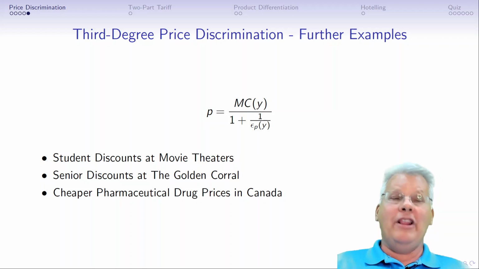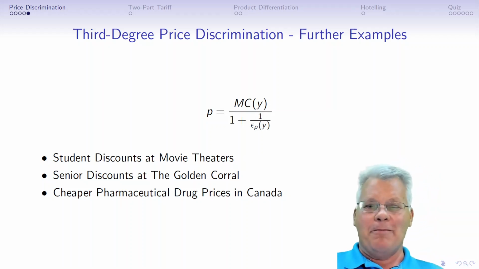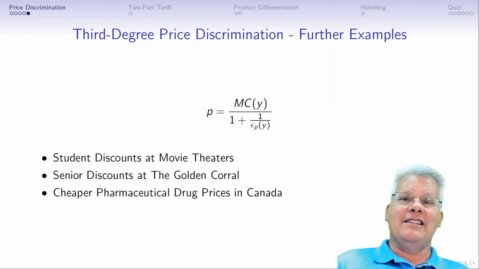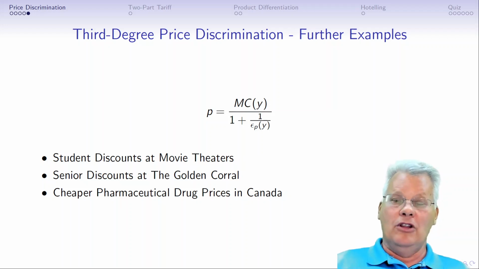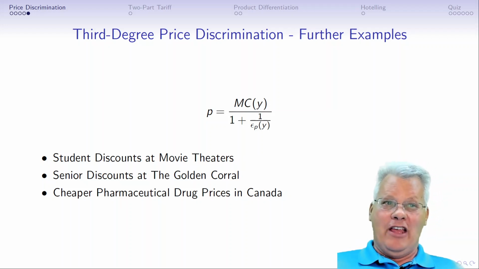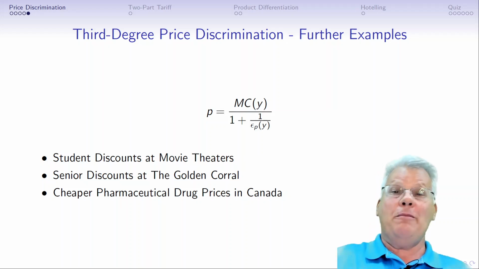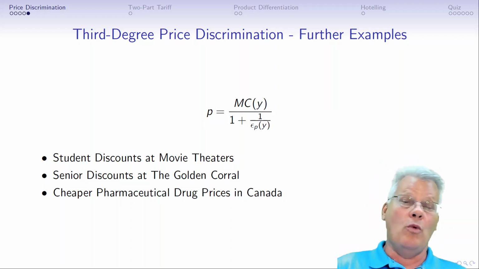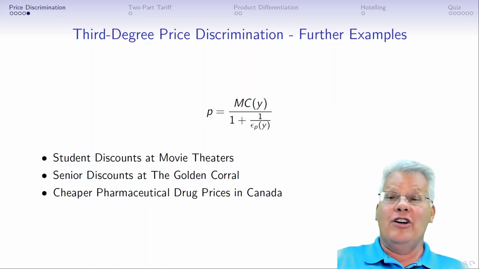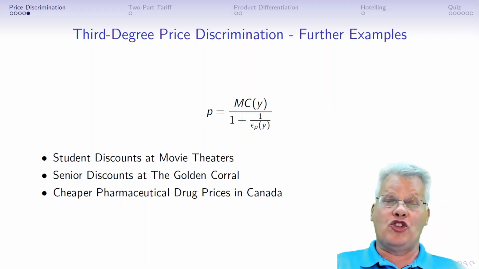A really political issue that comes up every election. Why is it that the same life-saving drugs that are developed and sold in the US sell for 50% less in Canada? Well, I would argue this is another example of third-degree price discrimination.